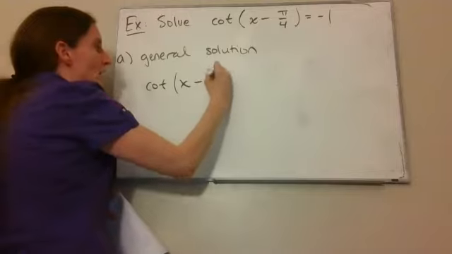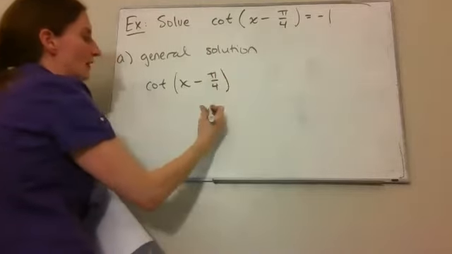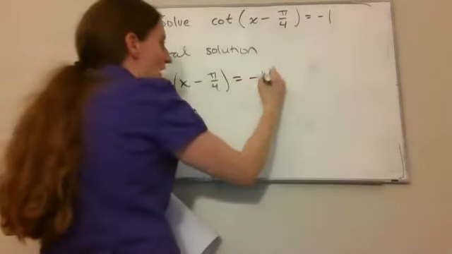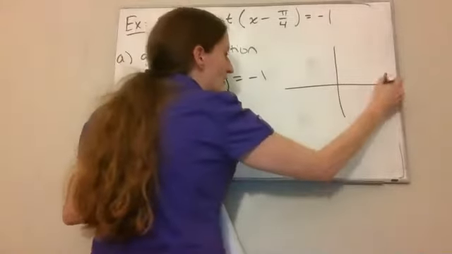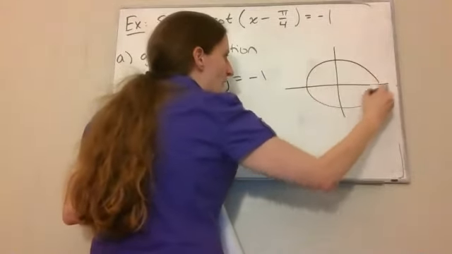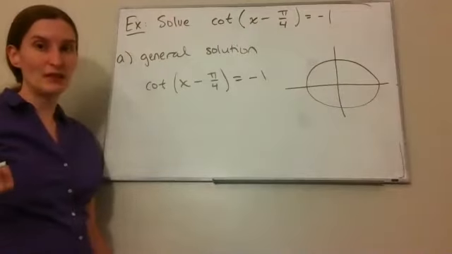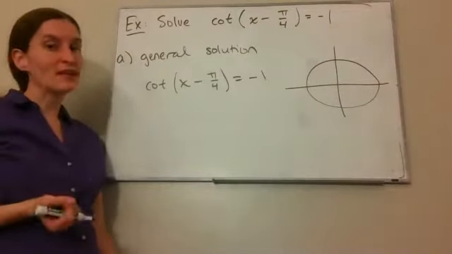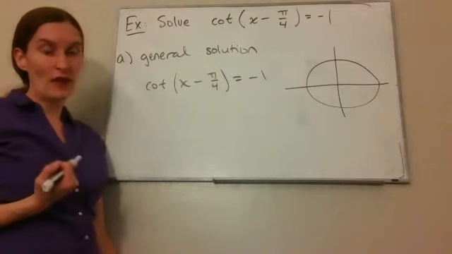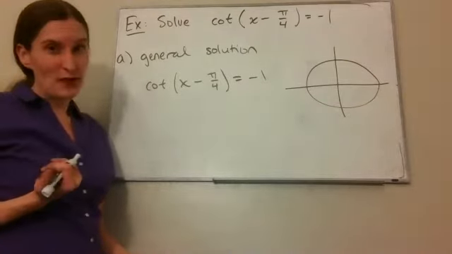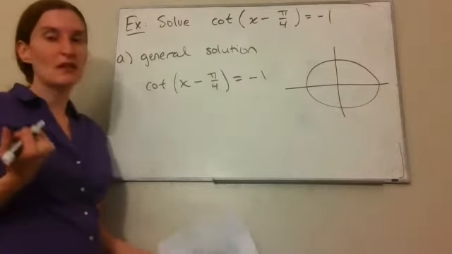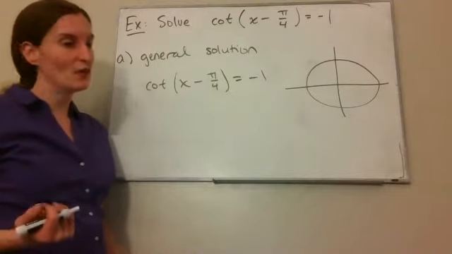So what I have right now is cotangent of x minus pi over 4 equals -1. Let's think about our unit circle and think about where cotangent is going to be equal to -1. That means that my sine and cosine have to have the same value in absolute value, but one of them should be positive and one of them should be negative.